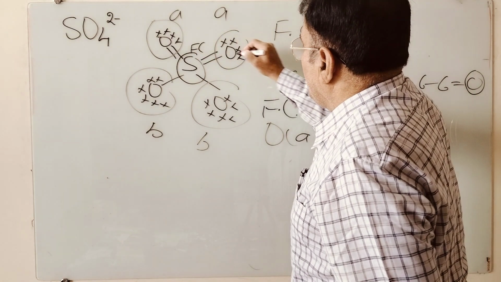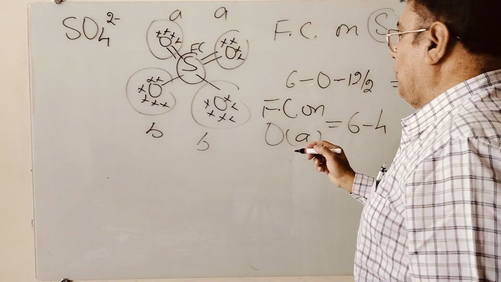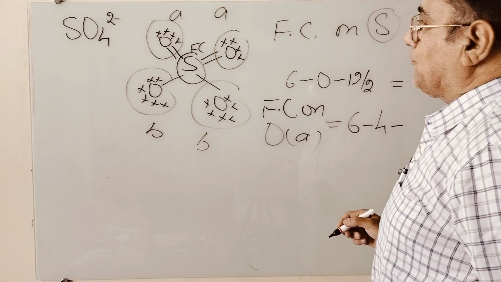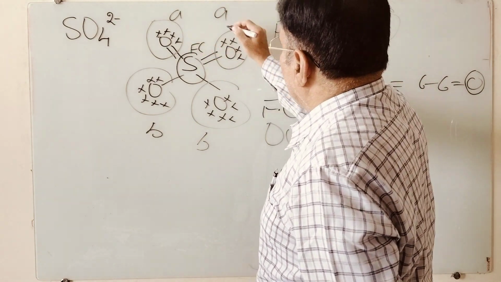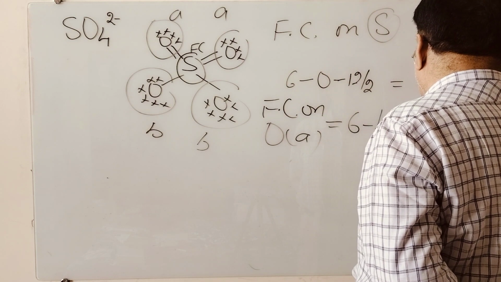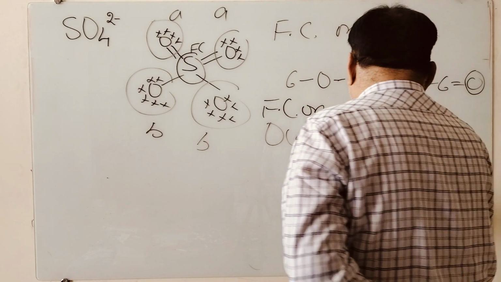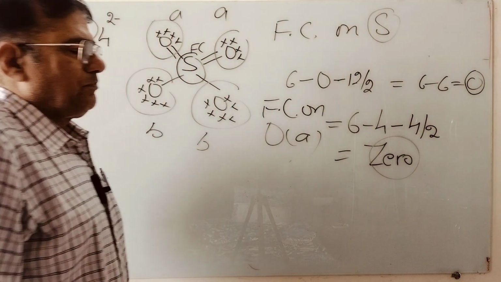You are looking in both oxygen 4 non-bonding electron. 2 lone pair means 4 non-bonding electron. 6 minus 4 minus half the number of the bonding electrons. How many bonding electrons in both the cases? 4 bonding electron, 4 divided by 2. So what you are getting? The formal charge is 0.